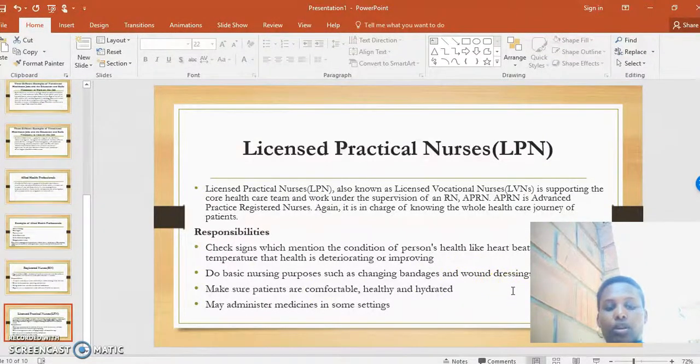The next, make sure patients are comfortable, healthy, and rested. Next one is, may administer medicine in some settings. Those are the different responsibilities of a licensed practical nurse.